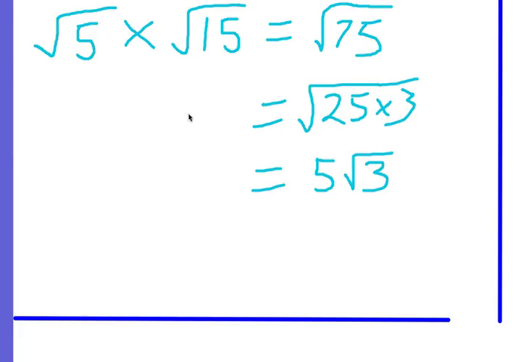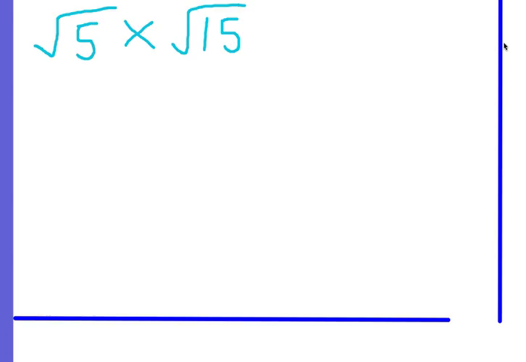Now let's have a look at an alternate way of doing that. Here we have the same question, but before I do anything else I'm going to split this up first. So it becomes root 5 times root 5 times 3.